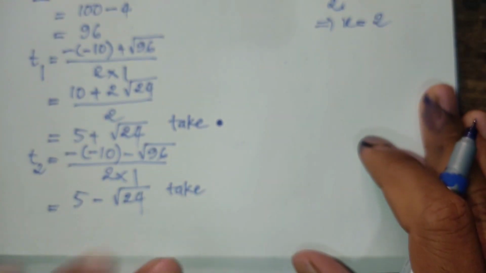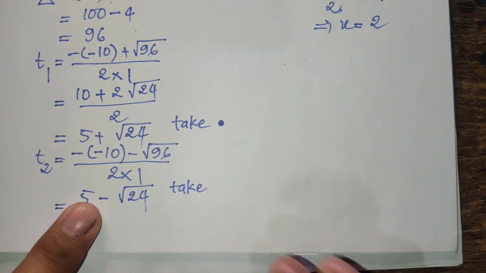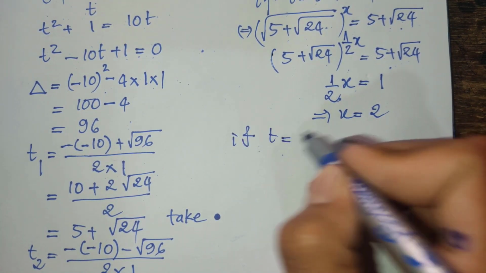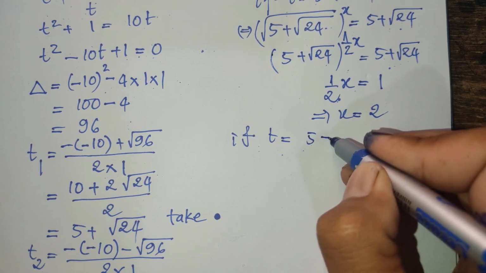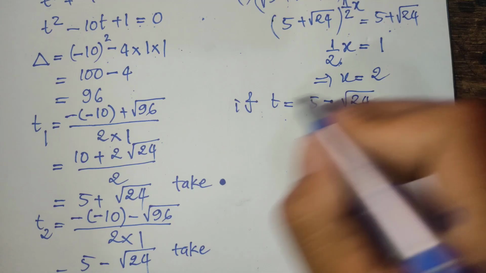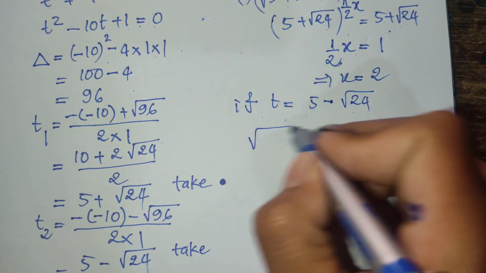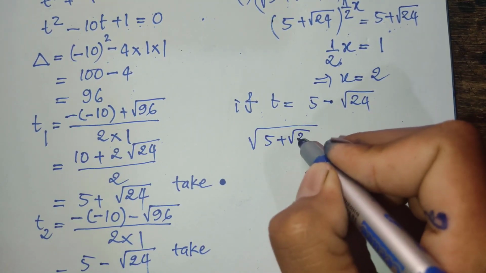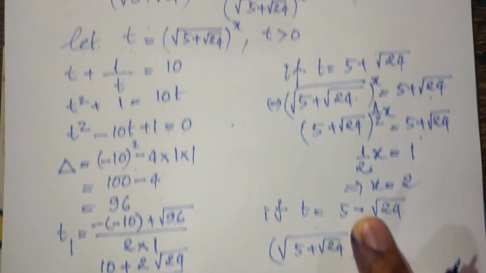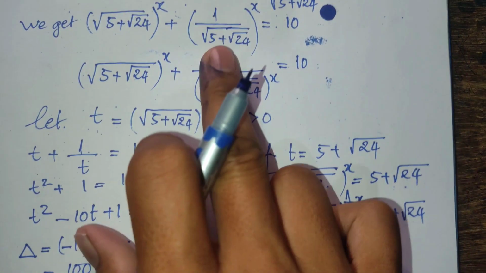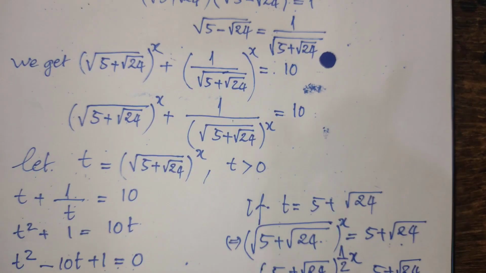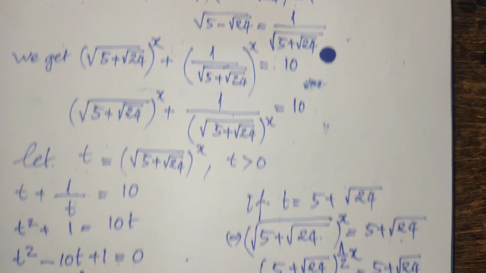And now I use this: if t is equal to 5 minus square root of 24, and we replace it by square root of 5 plus square root of 24 all to the power 8, we know it is equal to 1 divided by square root of 5 plus square root of 24.